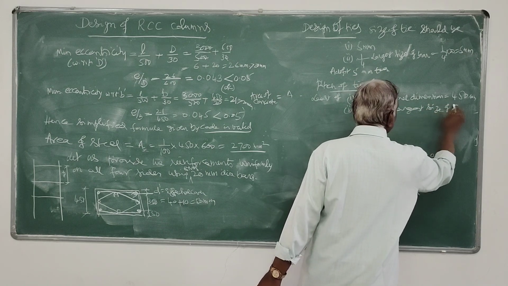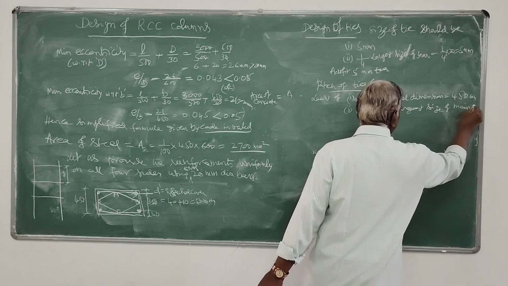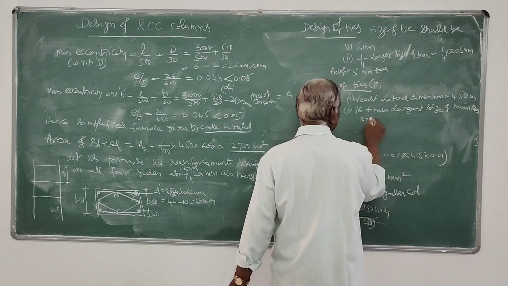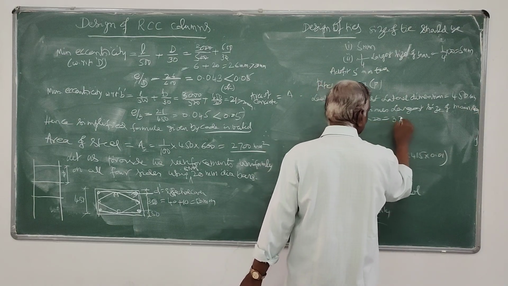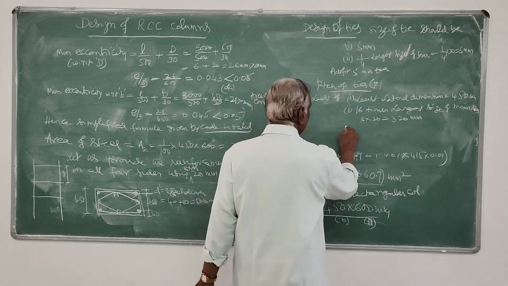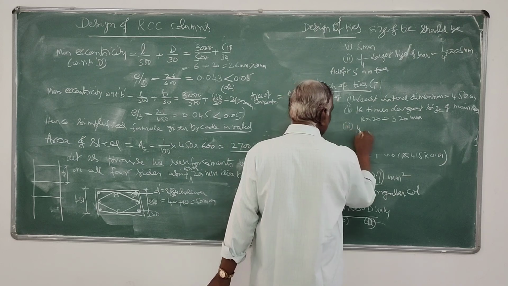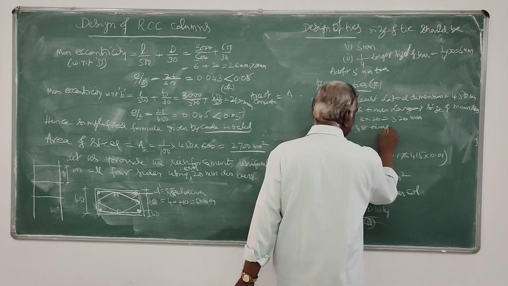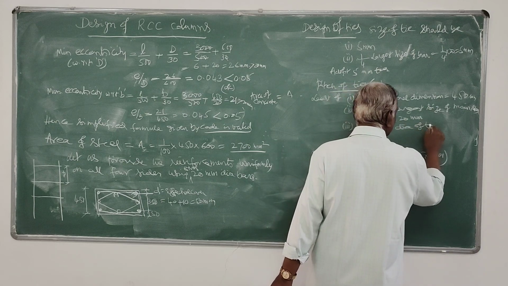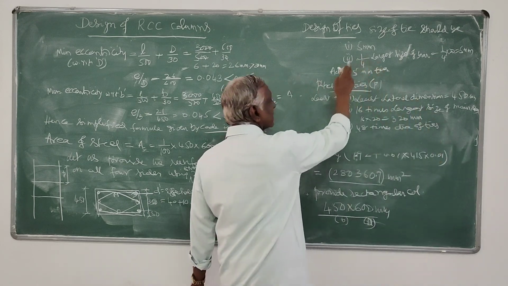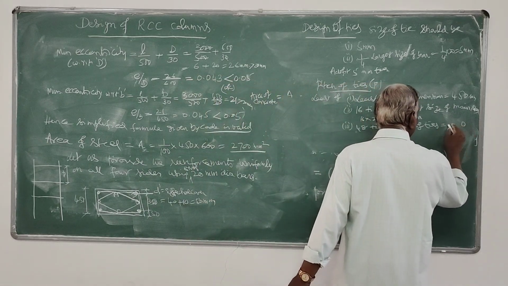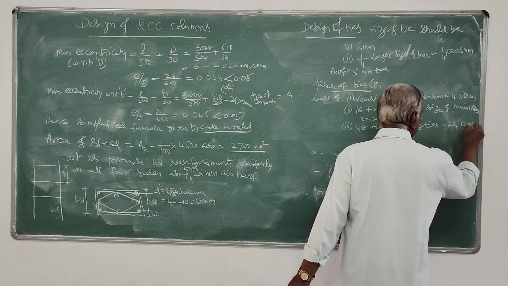Next, it is 16 times largest size of main steel, main longitudinal steel. That is 16 into 20, that is 320 mm. Then 48 times dia of ties. Dia of ties you have fixed as 5. 5 mm, 48 times that is 240 mm.